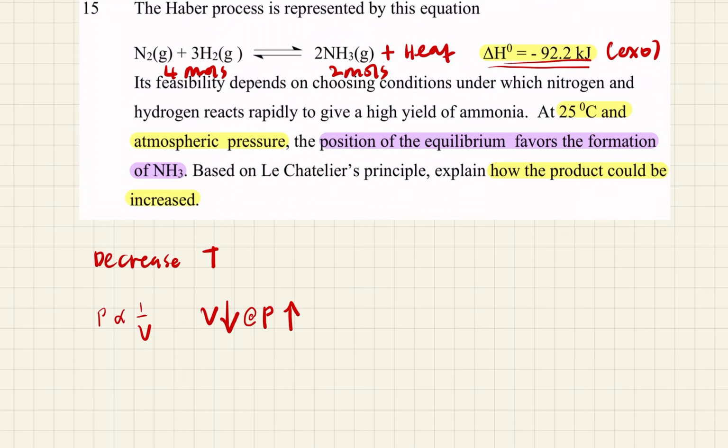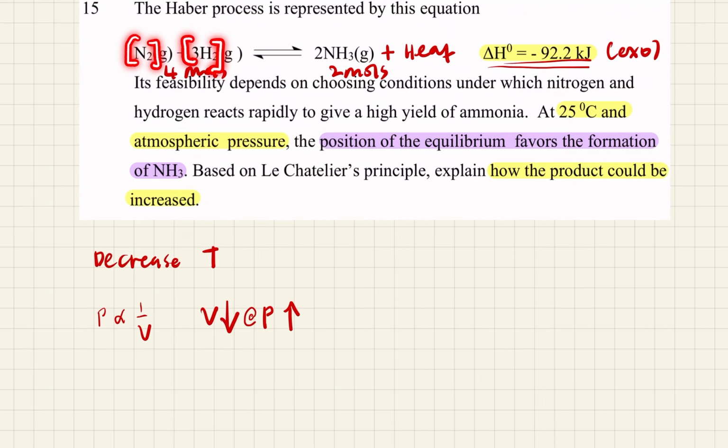Okay, next we can talk about concentration, right? So in order for our reaction to go to the right, okay, maksudnya kita kena ada kat sini banyak supaya dia nak kurangkan. Betul? So that means you can increase or add the concentration of N2 and H2. Alright?